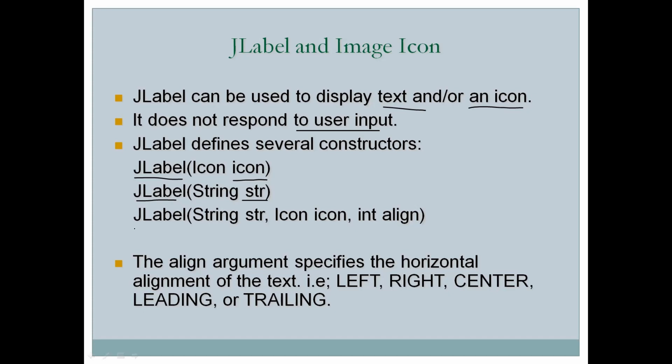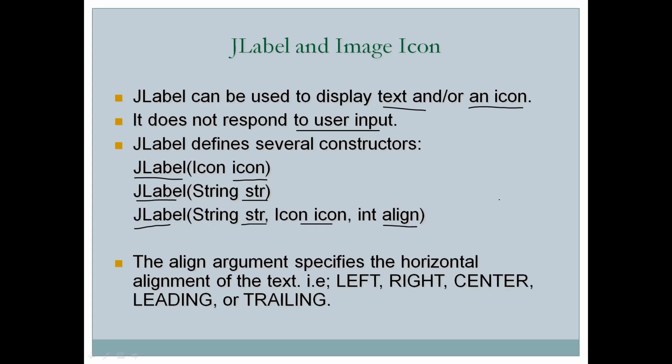We have one more constructor which takes a string, an icon and an alignment as arguments, three arguments. So you can display an icon along with a string, and you can even specify the alignment of the text. So that is the third constructor.